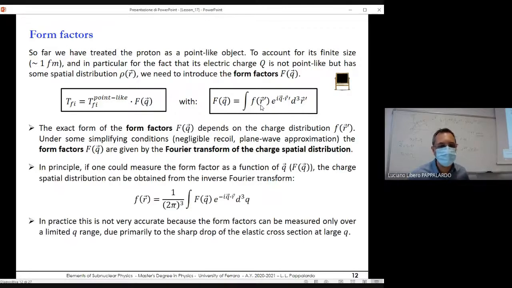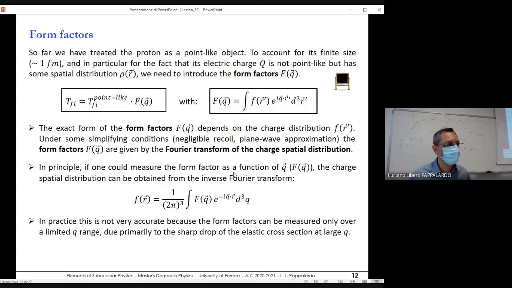And so one can, in principle, invert this and extract the charge distribution as the inverse Fourier transform of the form factors, in the hypothesis that you can measure these experimentally. So you can measure the Q dependence of your form factor. However, mathematically this works perfectly.